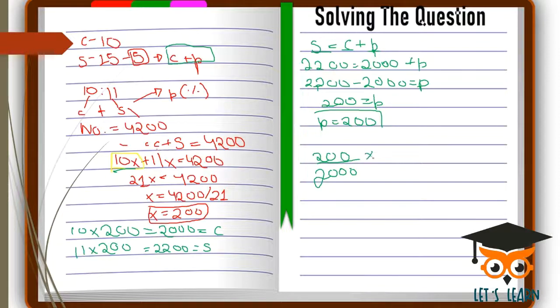For doing this we multiply by 100. Now we can cut these zeros. We are left with 20 upon 2 and we will have the answer 10. So 10% is the answer of this question.